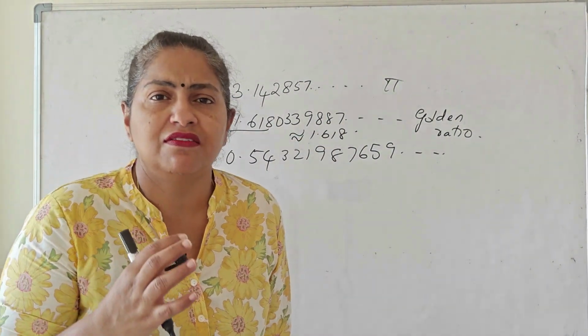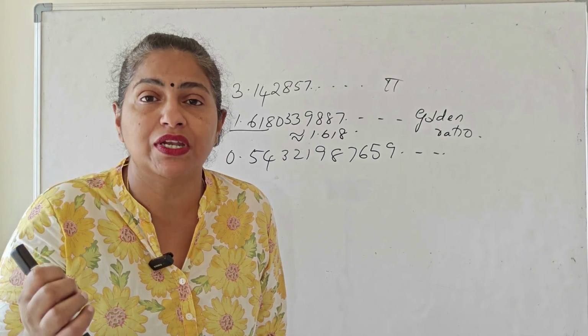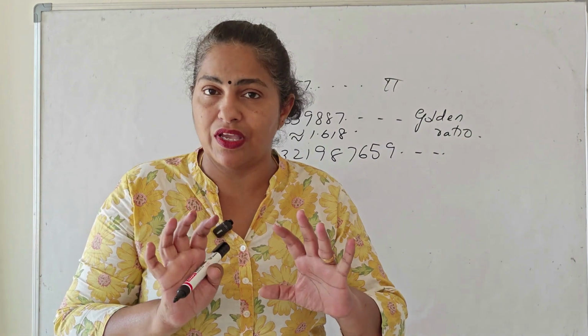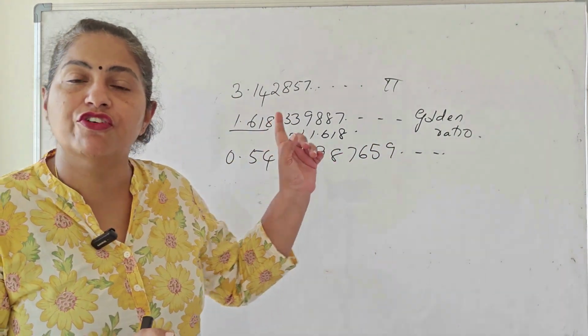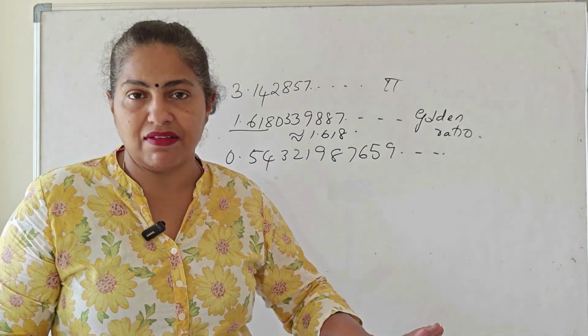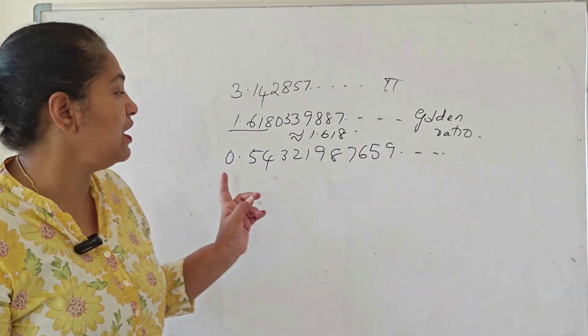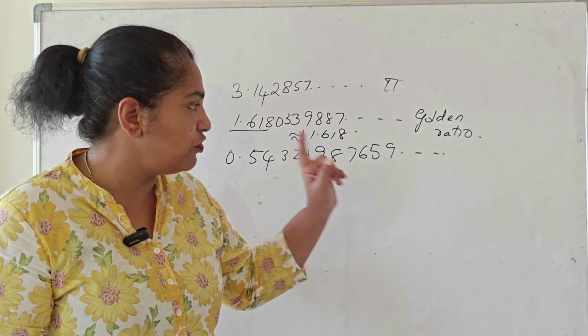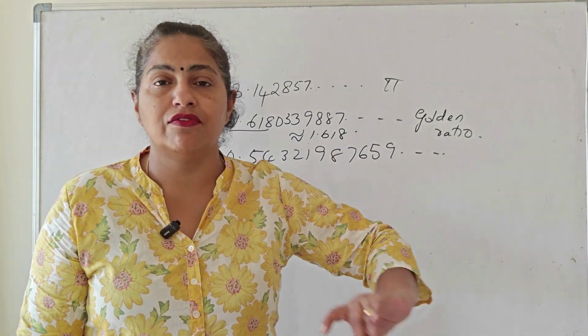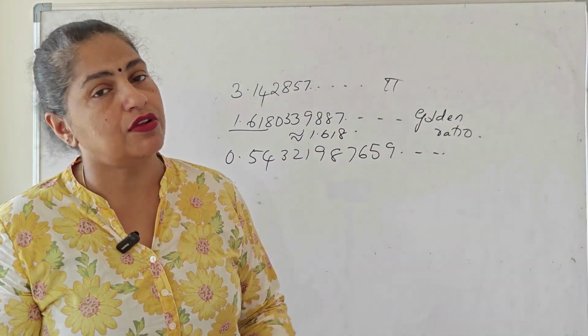This is a number that is used to assess the beauty of many articles, including our face. Okay, so this golden ratio is also an irrational number. Now, this is just another random example of a number that is not rational. No pattern, the numbers do not stop, they go on and on. So, I hope you are clear with why these numbers are not rational numbers.